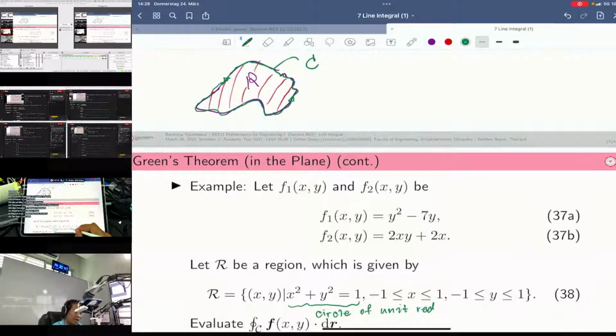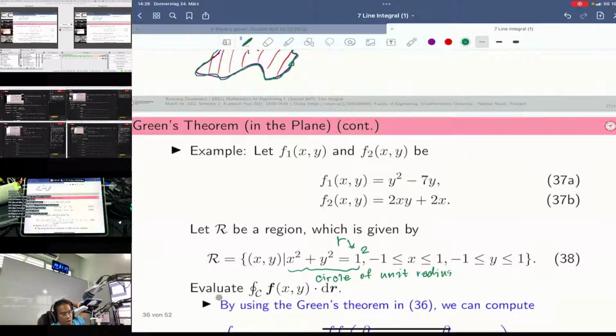So the radius is number 1, because it's 1 squared here. Of course, over the whole area, x goes from -1 to 1, and y also goes from -1 to 1. Evaluate the line integral over the closed area of this term.